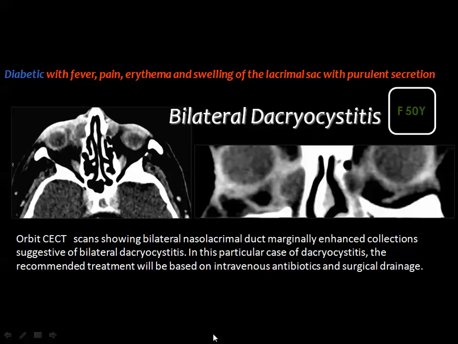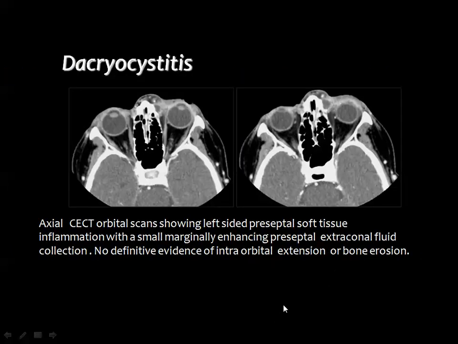And the case may be bilateral sometimes, especially in patients who are more prone to infection, like diabetic patients. And then here you see bilateral involvement of the lacrimal system on the left and on the right side, with marginally enhancing lesions conforming to the site of the nasolacrimal duct.